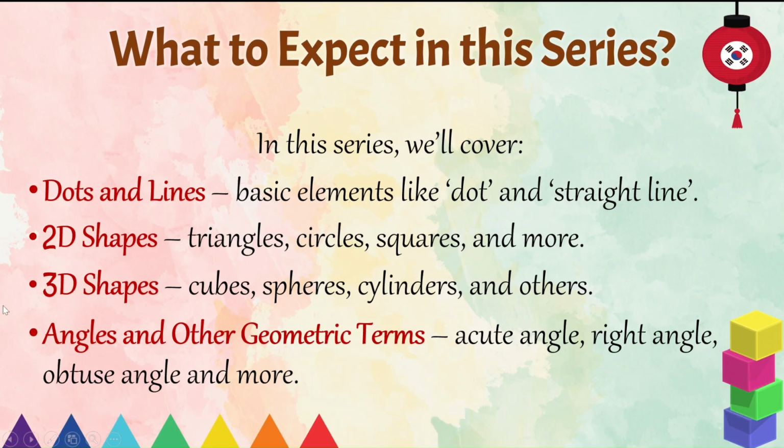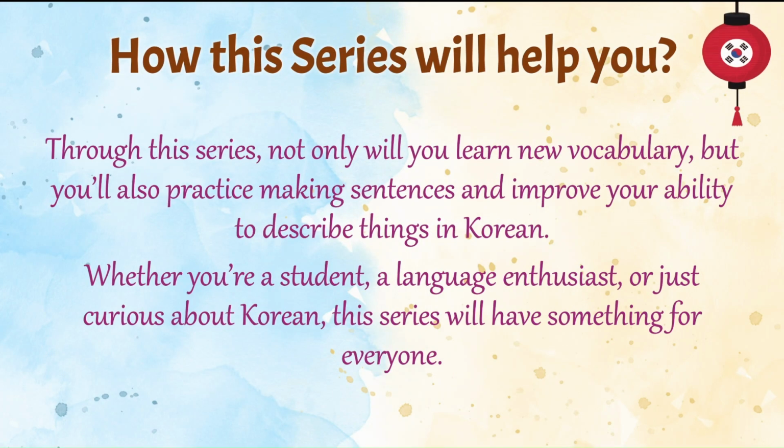So, this is the basic preview of our video series, the topics and areas we are going to cover while learning different shapes and structures. I hope we'll cover almost everything related to shapes in Korean language with the help of this series. Now, let's move ahead to the next question.